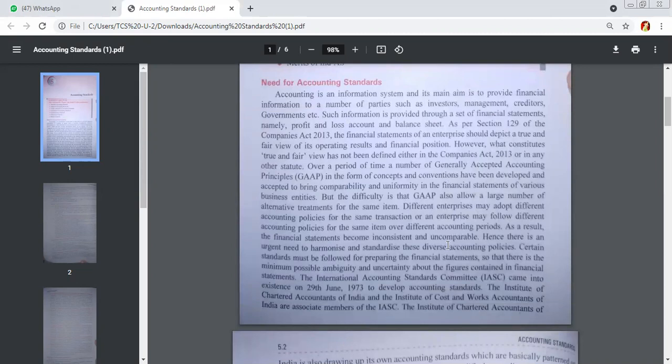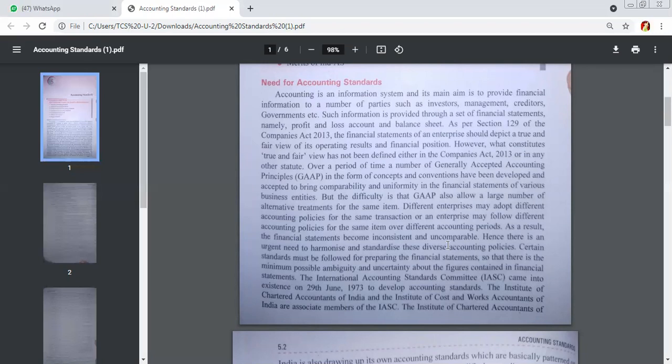You must have heard it: generally accepted accounting principles. In the beginning, whatever accounts were to be prepared by any enterprise were prepared considering the GAAP. But it did not develop much reliability or uniformity in the books of account. Uniformity, we can say, comparability, was not developed.